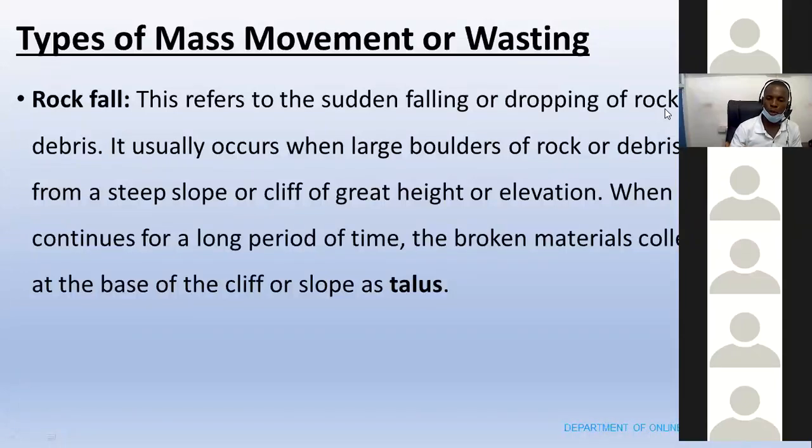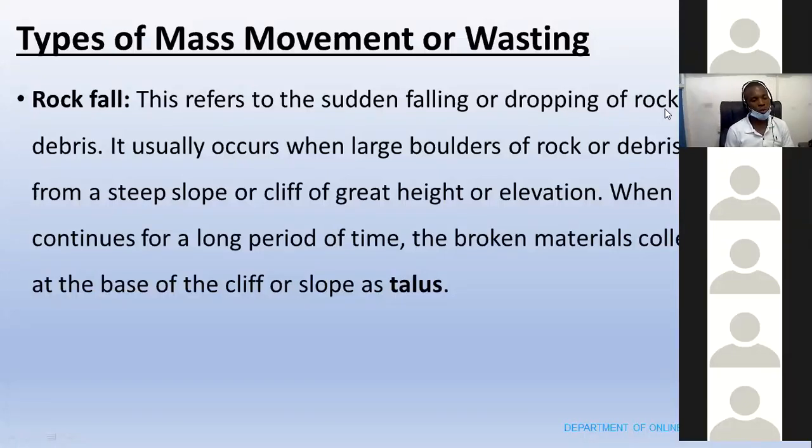Once these materials undergo further disintegration, they accumulate at the base of the cliff where they fall to form what you call a talus. So you may see in your objectives or any other examination that they will ask you to explain talus. So you should be able to do this.